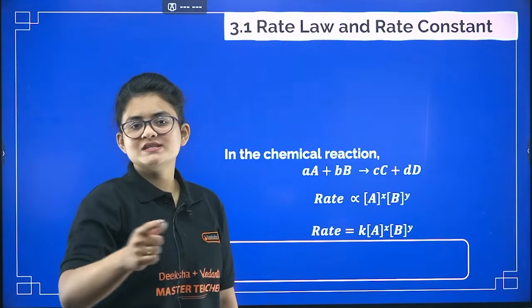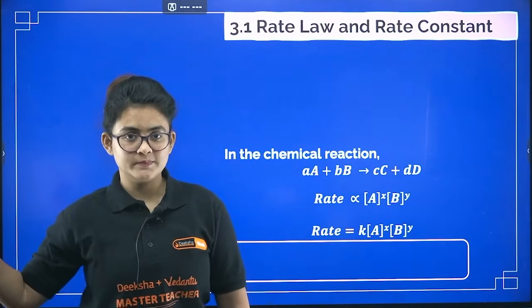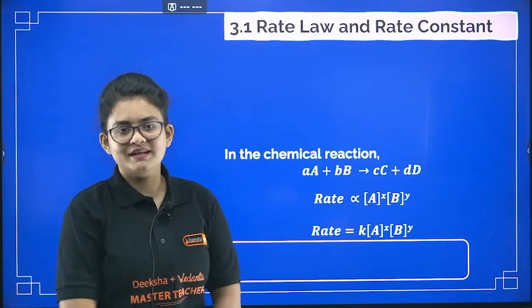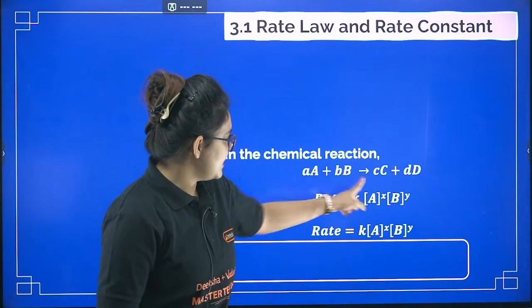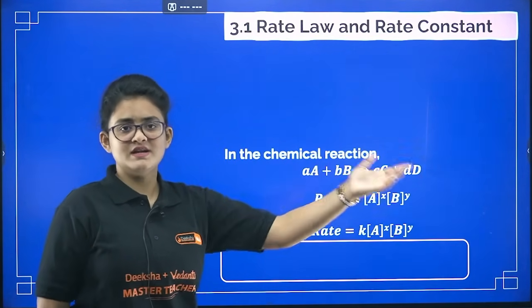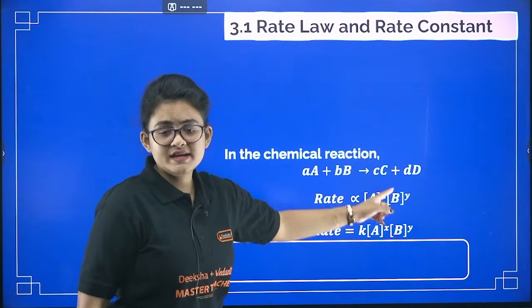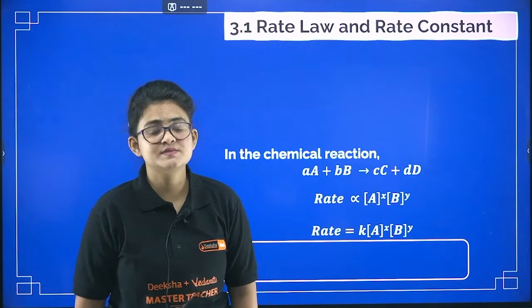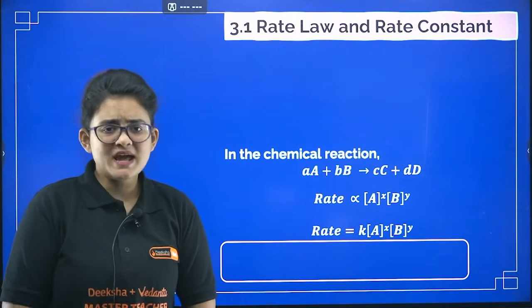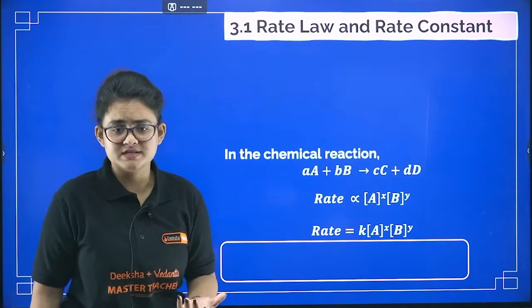It only depends upon the stoichiometry for elementary reactions. Very important. For elementary reactions, you can write A power a, B power b. But for other cases, in general, you can't write it like that. So where do x and y come from? They come experimentally. Let me give you one example so that you understand how it comes experimentally.